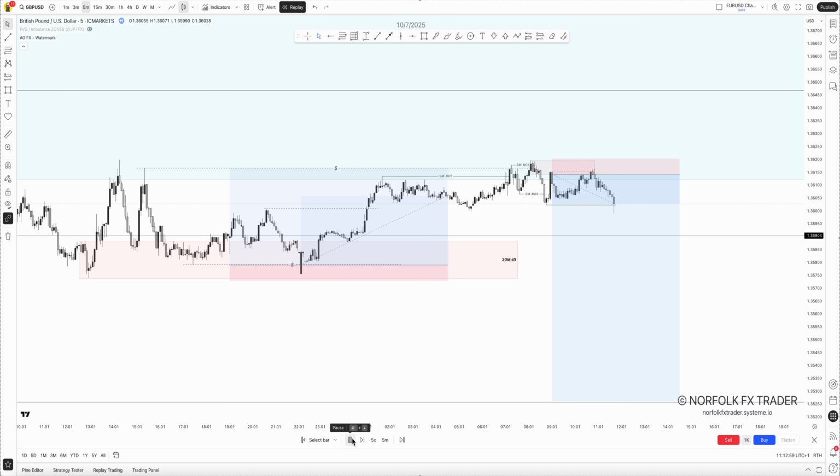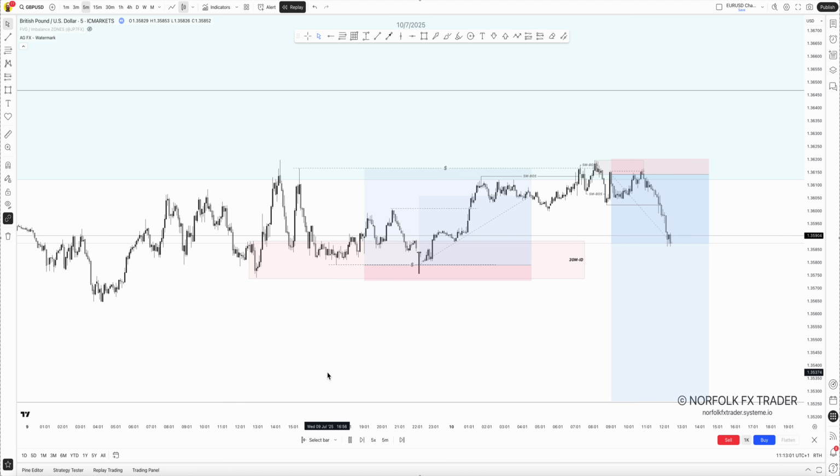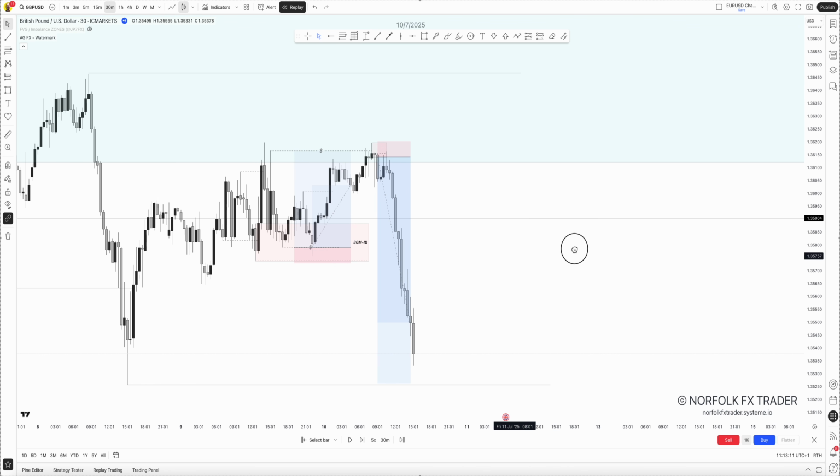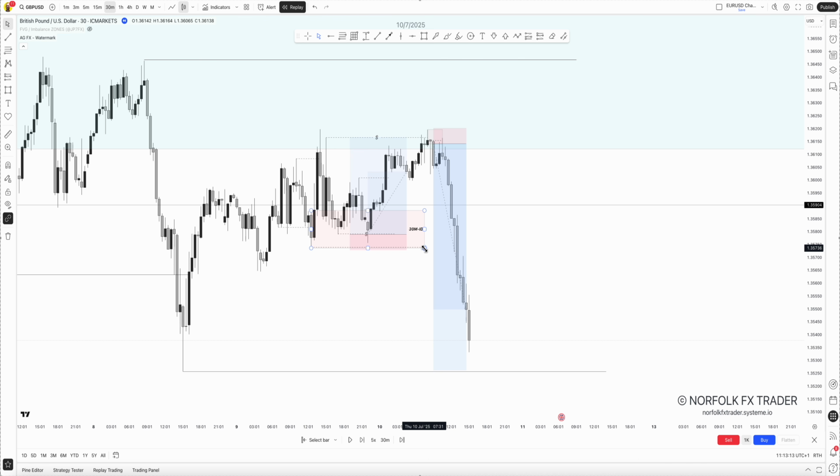Let's just play this one out and see where the market goes. So now we'll continue to push down. That's a great sign because we now jump up to our 30-minute time frame. We can now see that from this area, we have now shifted that structure. Internal structure has now gone bearish. So we saw the market sweeping this level of liquidity into something here on a lower time frame.